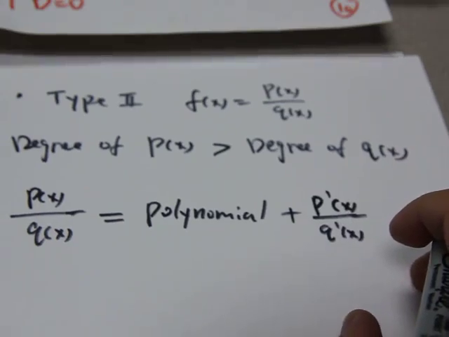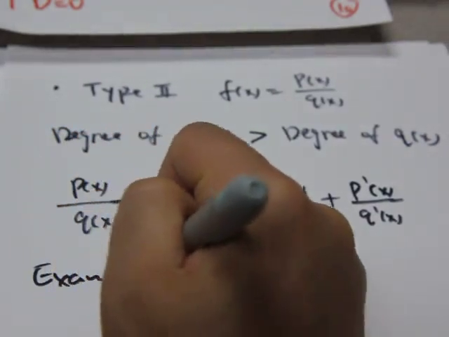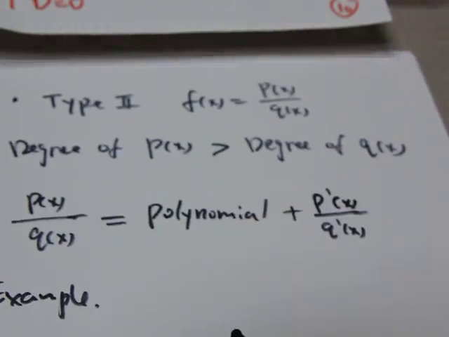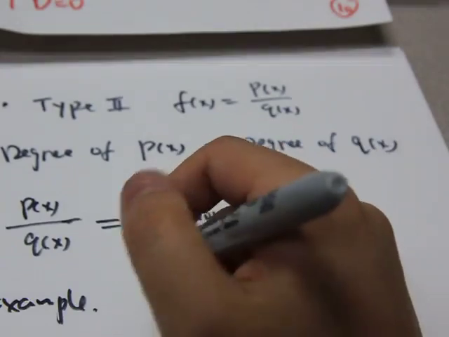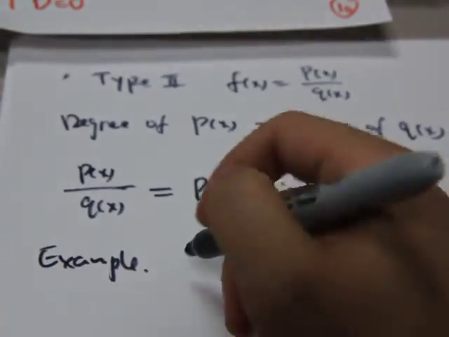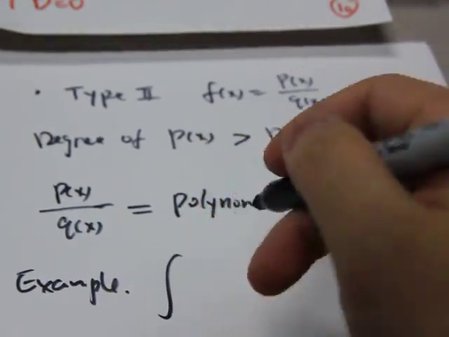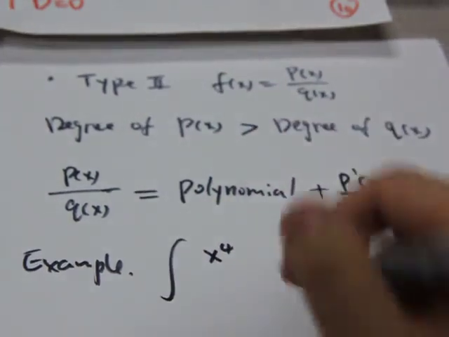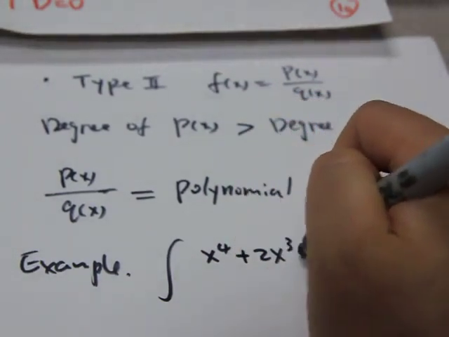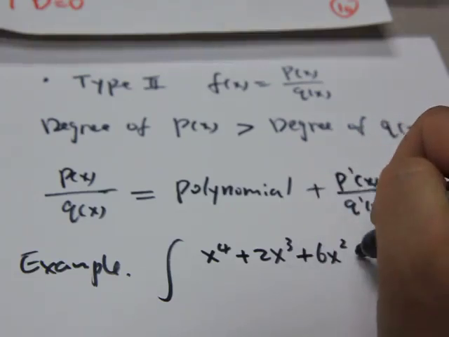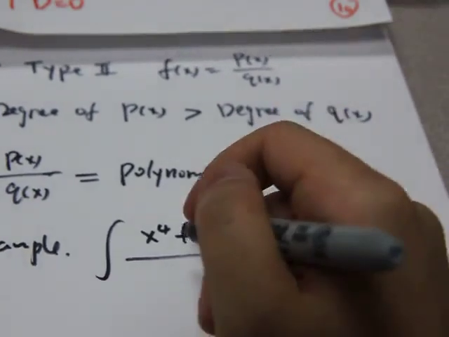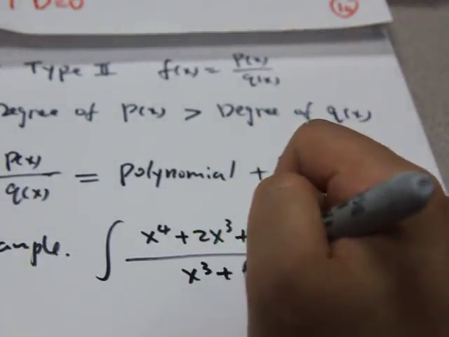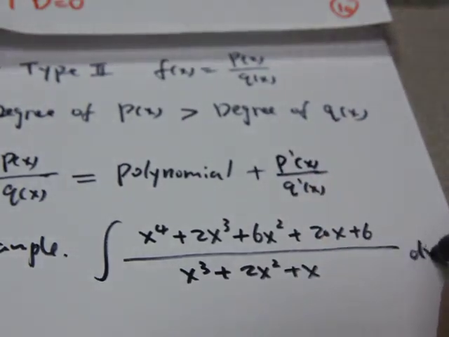So now let me use this example to show this. Let's see, we are looking for the integral of x to the fourth plus 2x cubed plus 6x squared plus 20x plus 6 over x cubed plus 2x squared plus x dx.